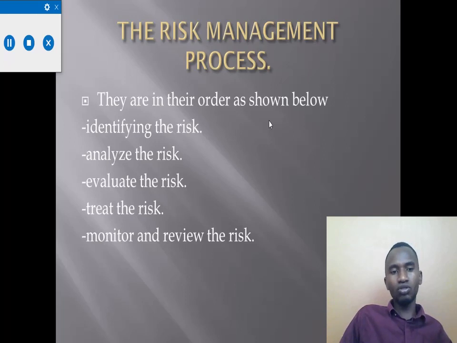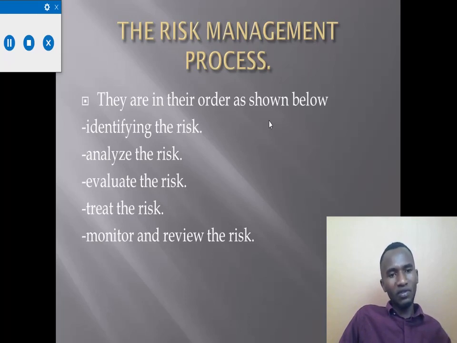That means that there are some things you do first before the other one. There are 5: identifying the risk, analyze the risk, evaluate the risk, treat the risk, monitor and review the risk. You cannot bring the point of reviewing when you have not identified, analyzed, evaluated, or treated. That means that these points are in their order.